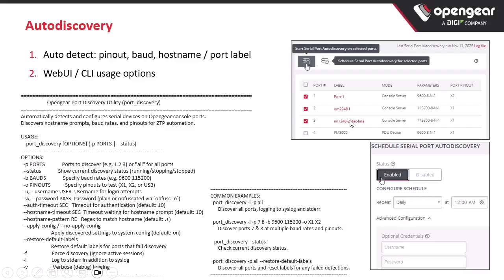So if, let's say, this port 3 device is unplugged, the label here would revert at the next run of that script from IM7248, the rest, to port -3. So hopefully that explains how the restore default labels works. And then you can see just a few different examples of running port discovery with some of these options.